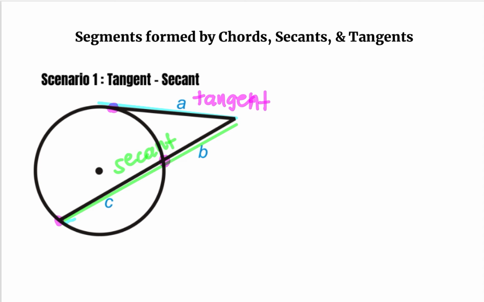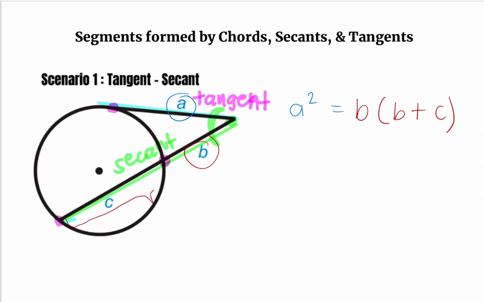When a tangent line and a secant intersect outside the circle, it creates an angle that we are going to use the formula a squared equals b quantity b plus c. So we're adding the measurement of the whole thing, and that would go inside the parentheses.